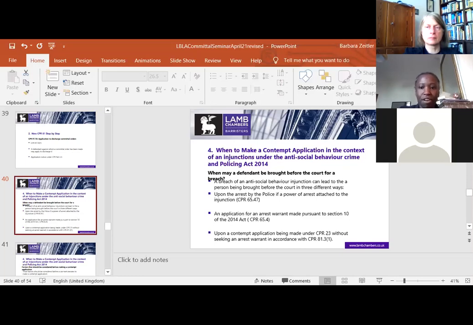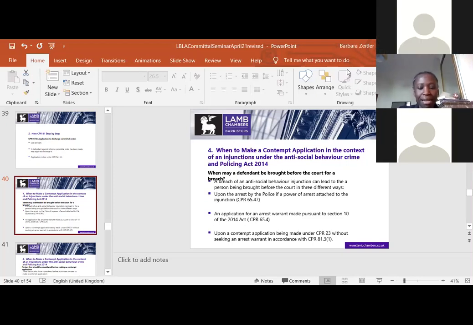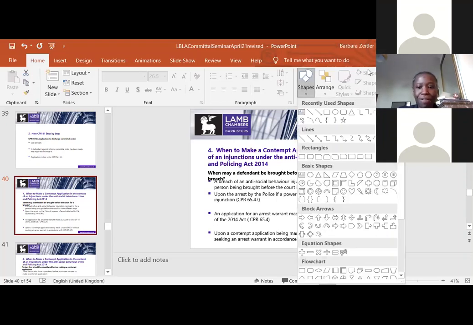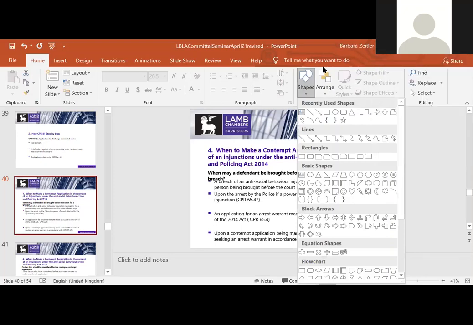The second scenario is where there's been an application made for an arrest warrant, and that's made pursuant to Section 10 of the Antisocial Behaviour, Crime and Policing Act 2014. And the matter is again being pursued under CPR 65.47.